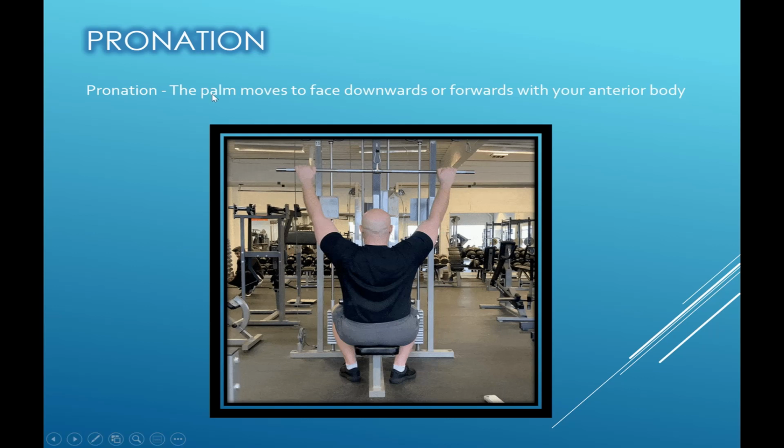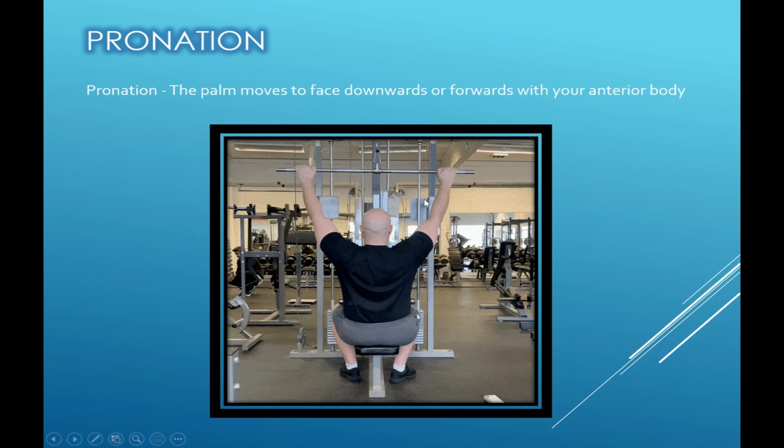As you can see from the definition here, pronation is where the palm is facing downwards or facing forwards with your anterior body. Anterior body, of course, is the front of your body in anatomical terms, and when your palm is either facing down or facing forwards, we've got pronation.